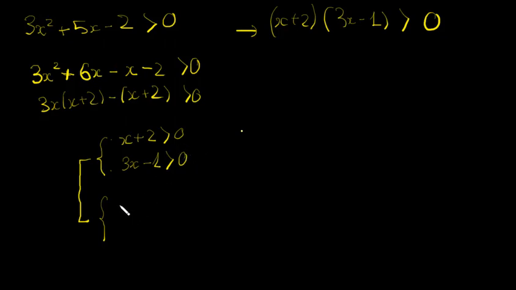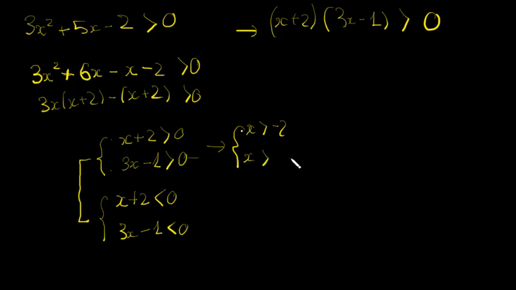Or the other situation is that both of them are smaller than 0, so when they multiply, they are also greater than 0. So we solve this one: x greater than minus 2 and x greater than 1 over 3. And from here, we solve it: x smaller than minus 2 and x smaller than 1 over 3.